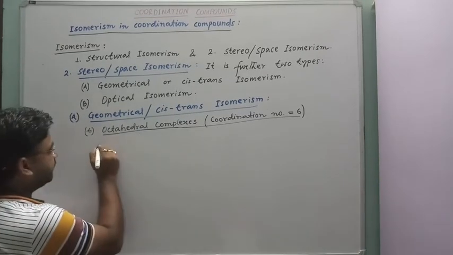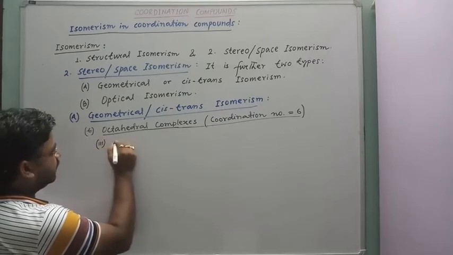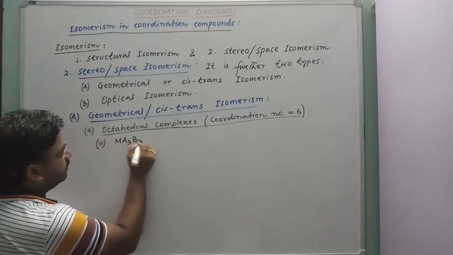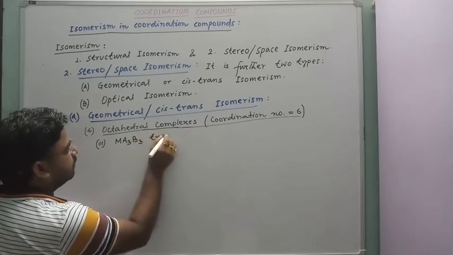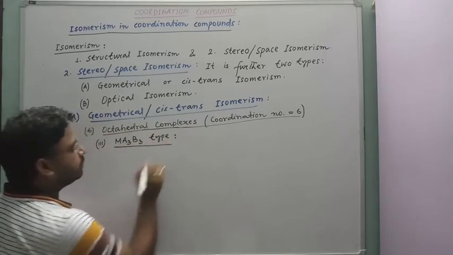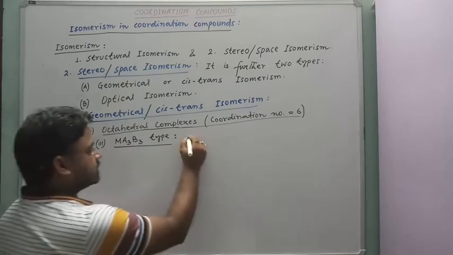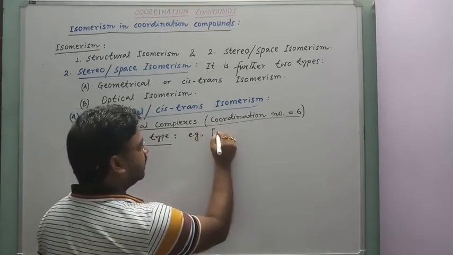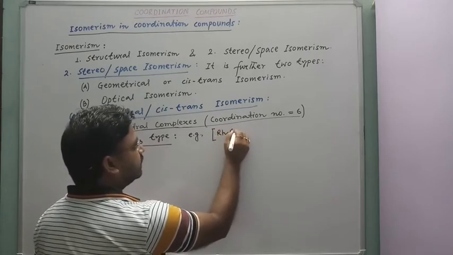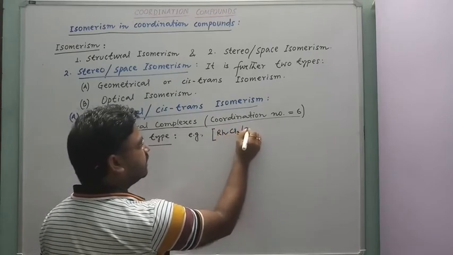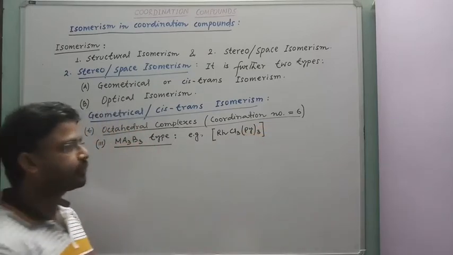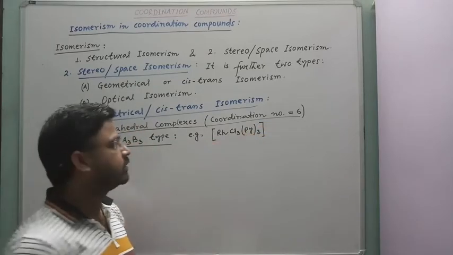Number 3, MA3B3 type. For example, RhCl3Py3, rhodium is the central atom.